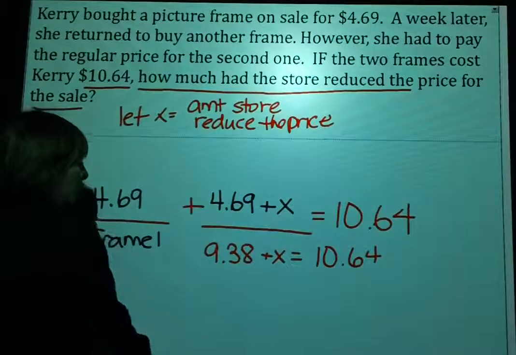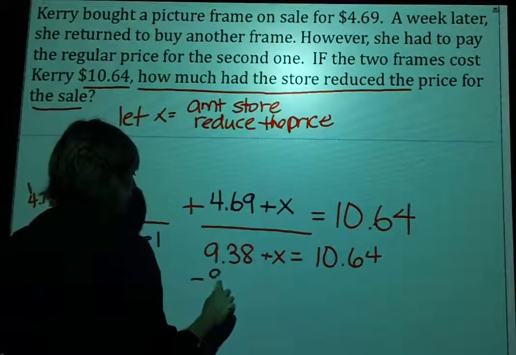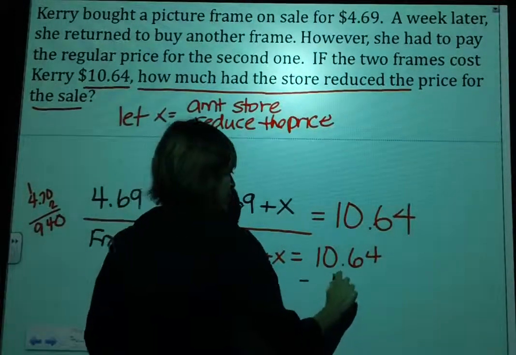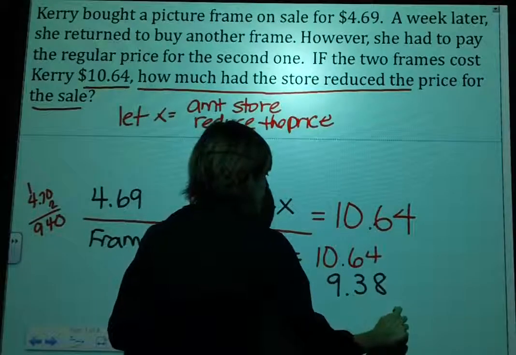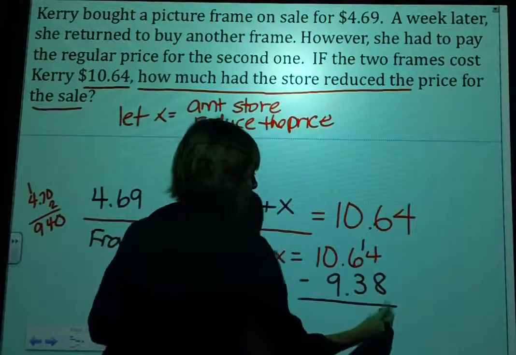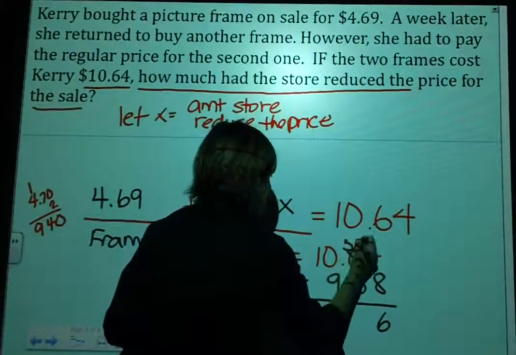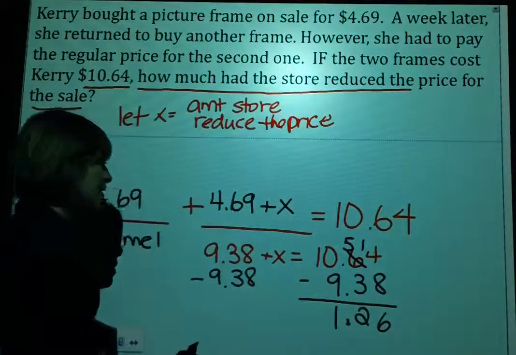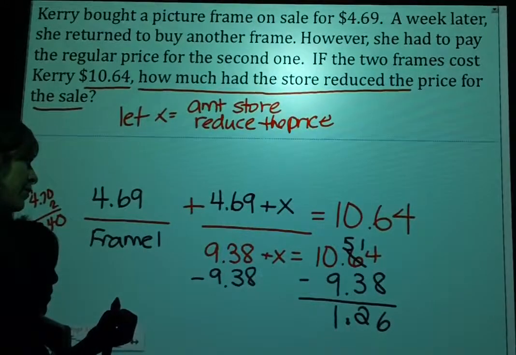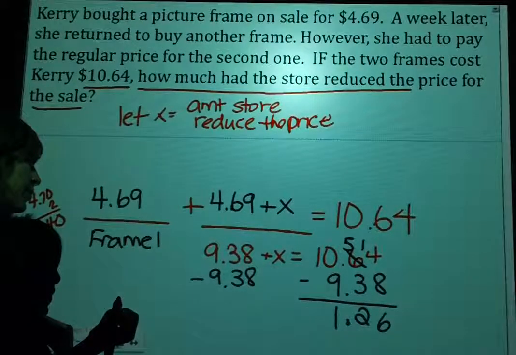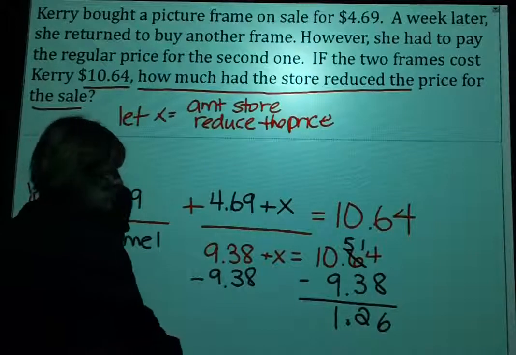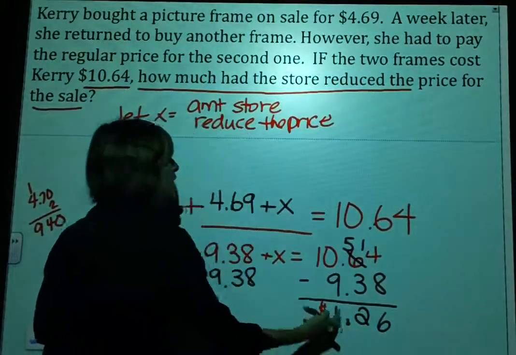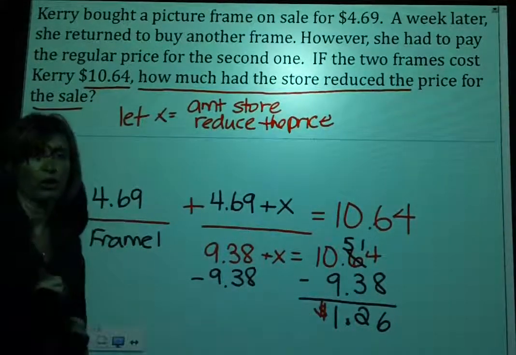Okay, so then I'm going to subtract $9.38 from both sides, line up my decimals. So that's 6, I have to reduce that by 1, 2, and 10 minus 7. $1.26, does that look right? Yep, that looks about right. So $1.26 was how much she got off of that first frame.